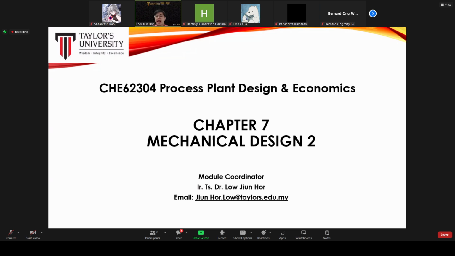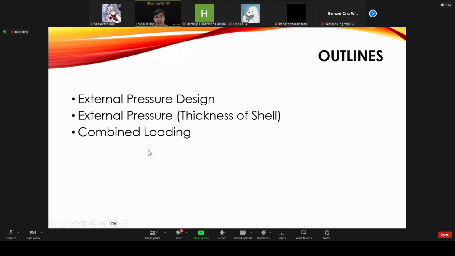In today's lecture, chapter 7, we will proceed with our mechanical design. We will learn how to calculate the thickness for the shell of our pressure vessel to make sure it is strong enough to support the external pressure. Last week we dealt with internal pressure; today we will deal with external pressure.